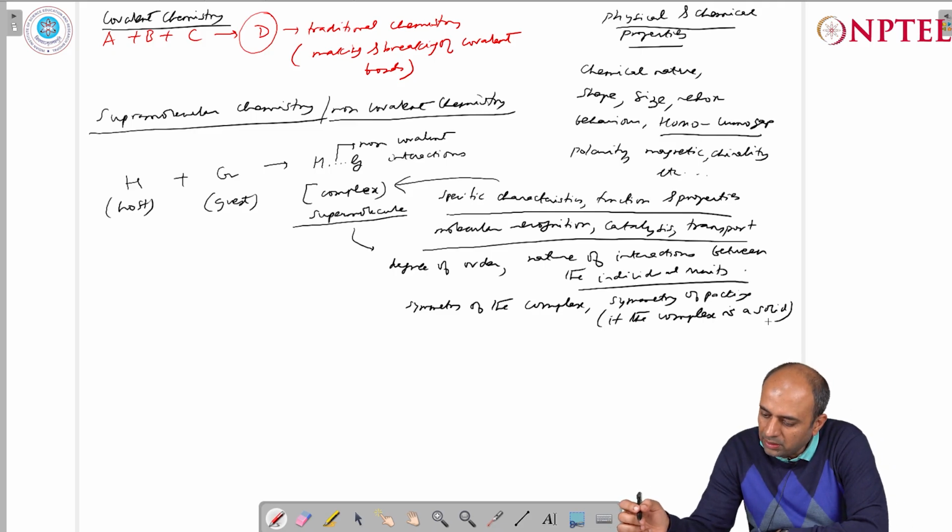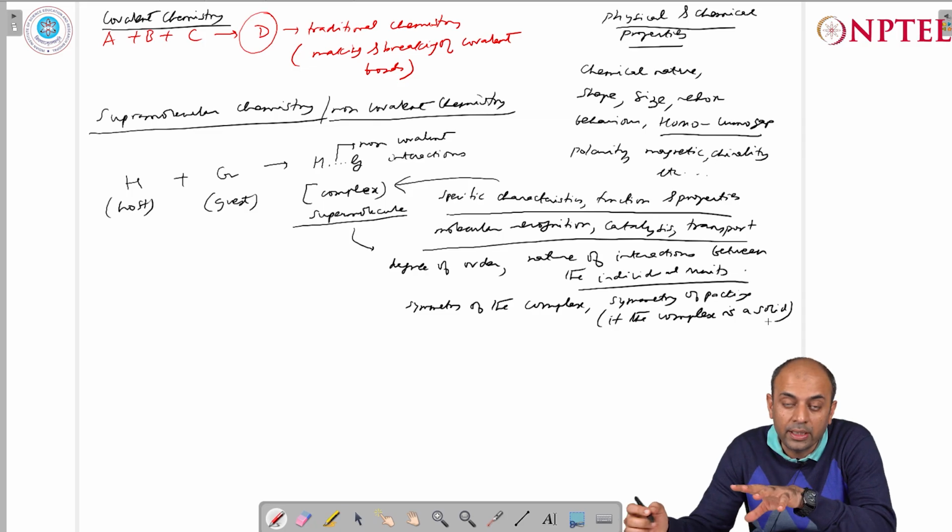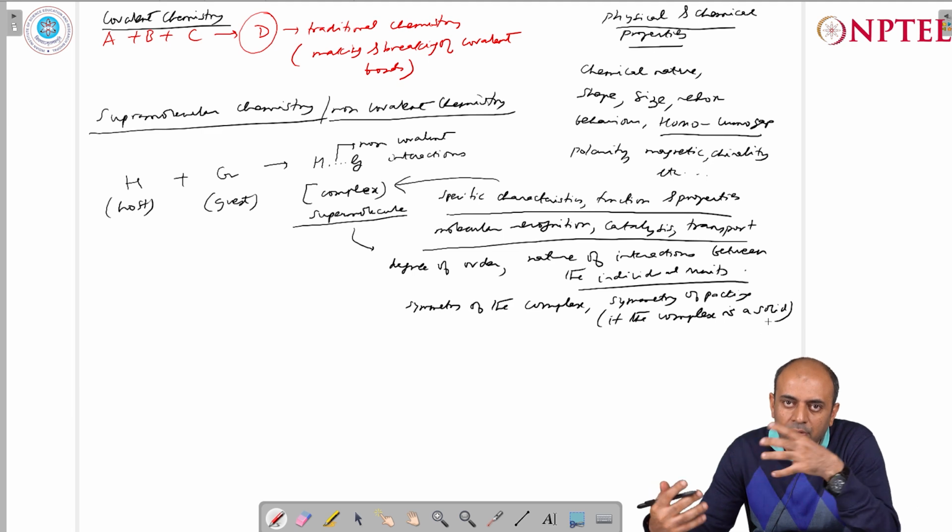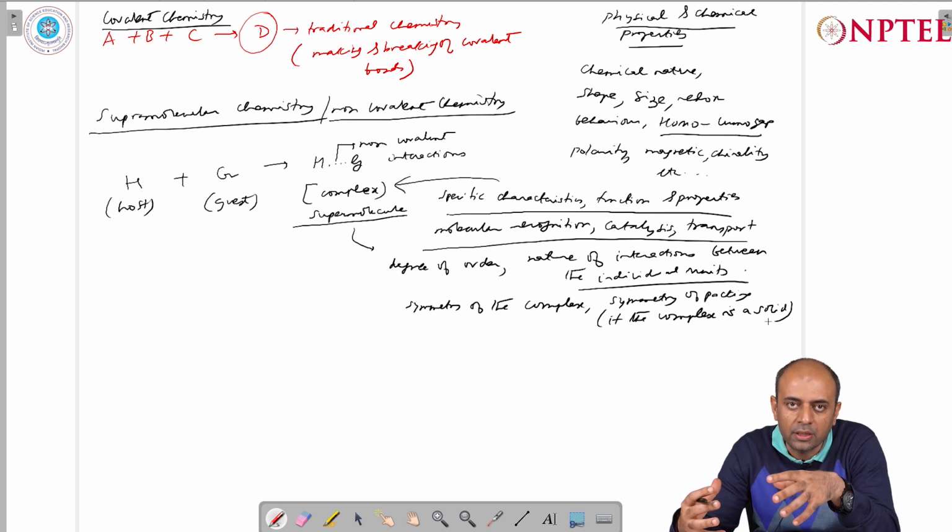So all these things become relevant when we are trying to understand the host-guest behavior. It is not enough to just simply say that okay, I have a host and I have a guest and they interact with each other and that's it. No, these interactions decide the fate of the molecule.